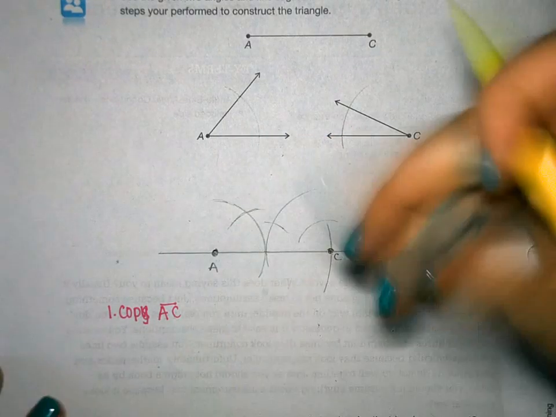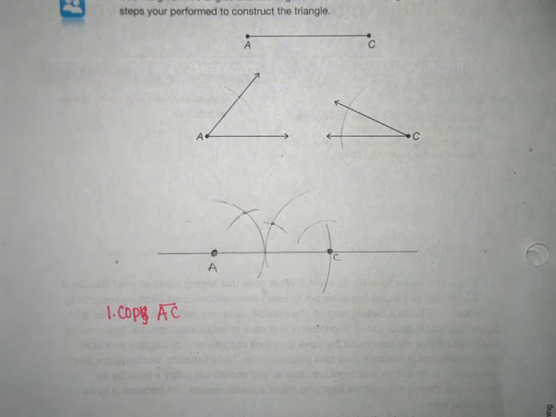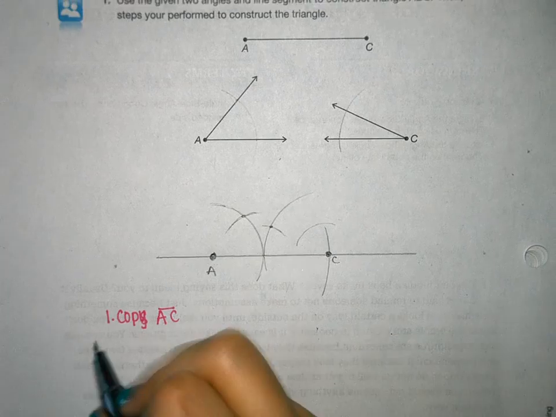Okay, so I have 2 points of intersection and everything should line up. So what we did next was we copied angle A and we copied angle C.